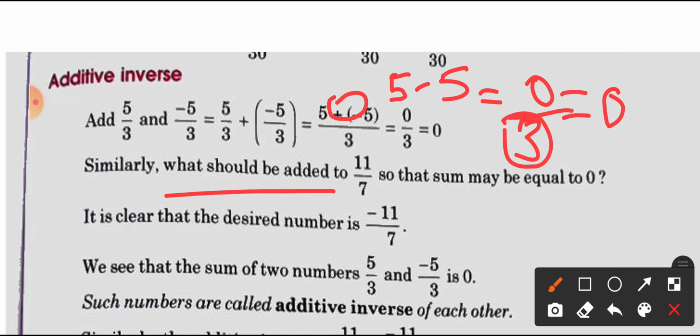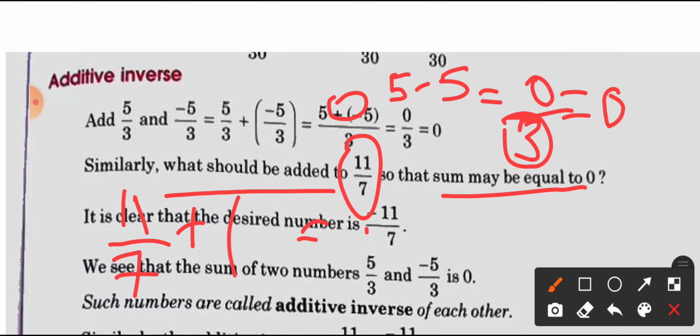Similarly, what should be added to 11 by 7 so that the sum is equal to 0? This asks which number we should add so that we get the answer 0. If we add the opposite of plus 11 by 7, that is minus 11 by 7, and plus 11 by 7, we'll get the answer 0.